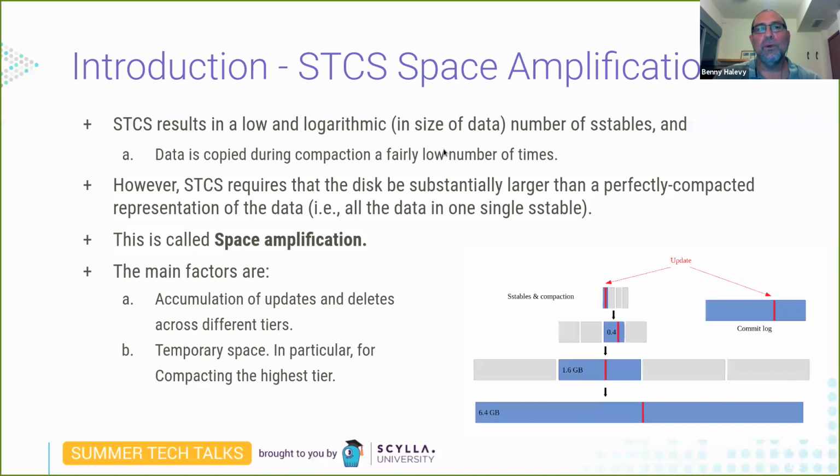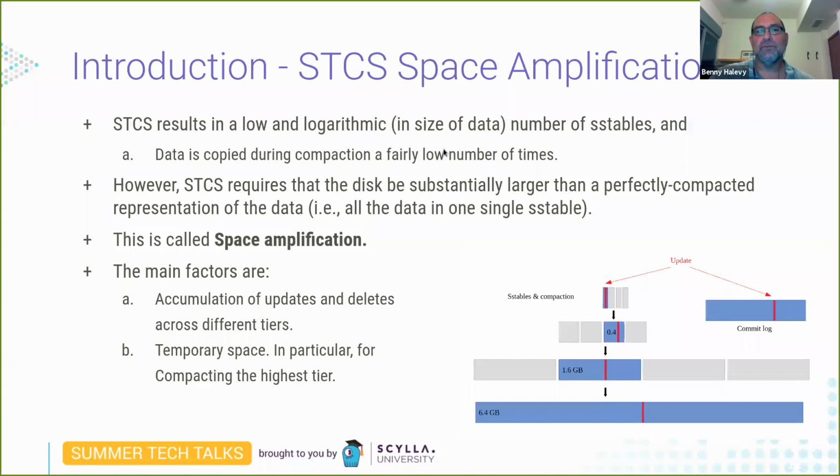However, we note that STCS requires that the disk be substantially larger than a perfectly compacted representation of the data, i.e. when all the data is concentrated in one single SSTable. This ratio of the amount of disk space required for the compaction strategy versus the size of the data is called space amplification.